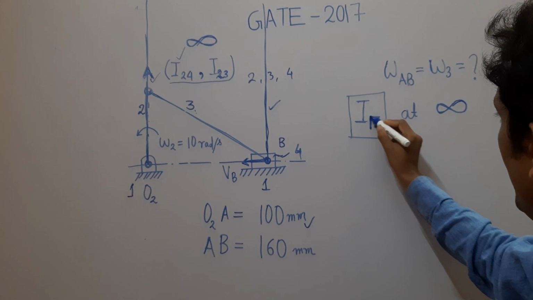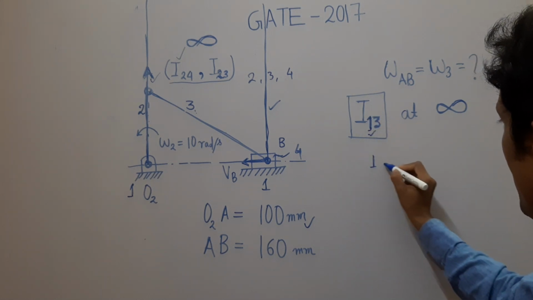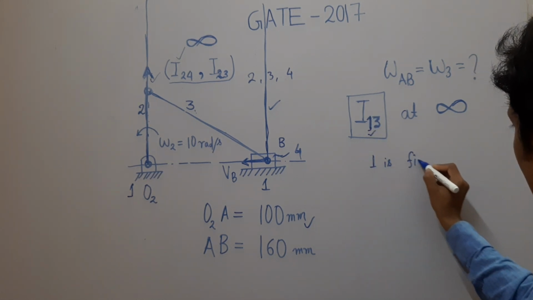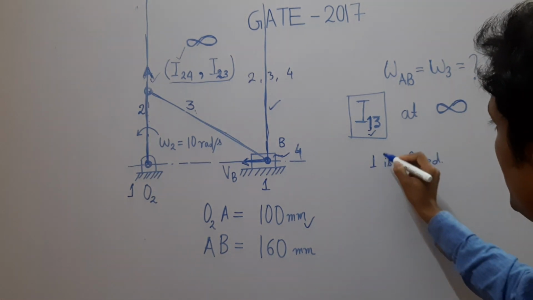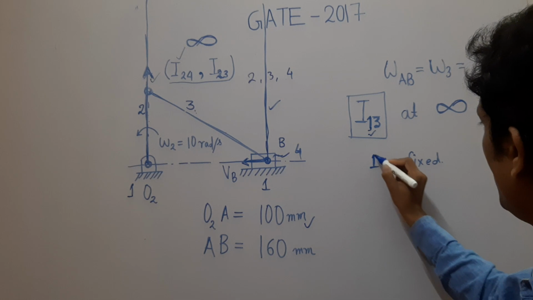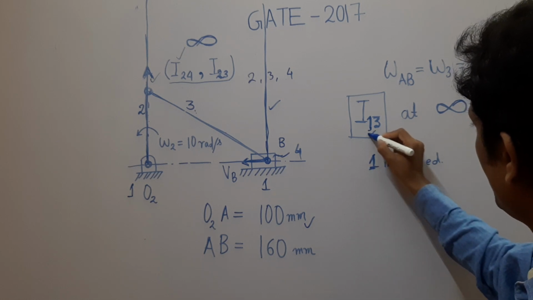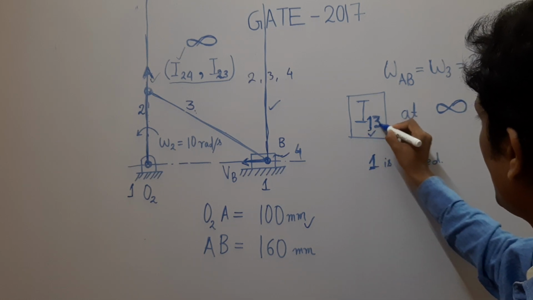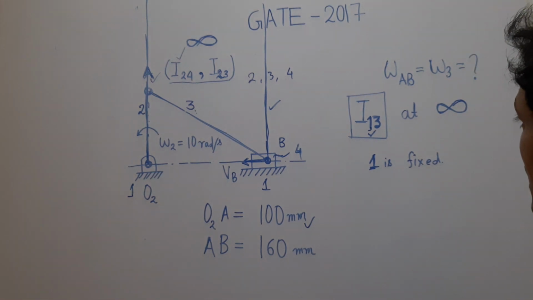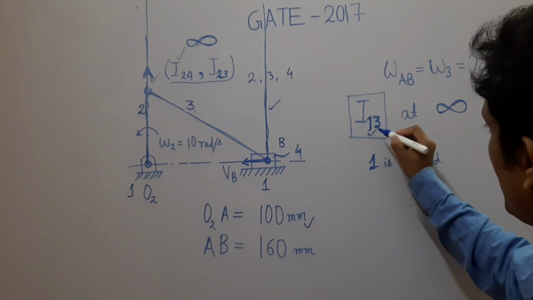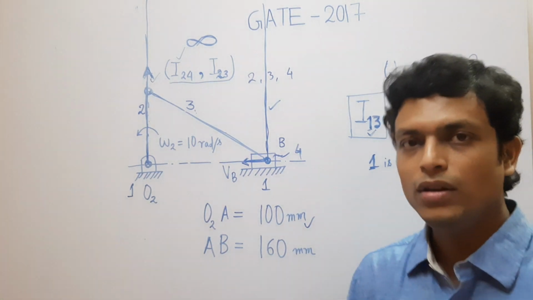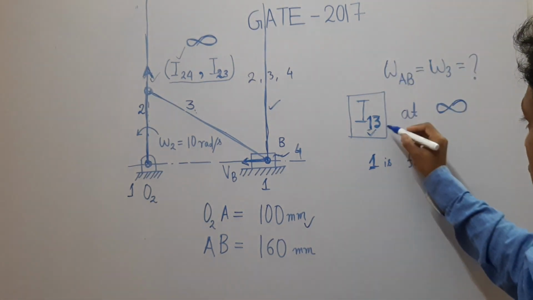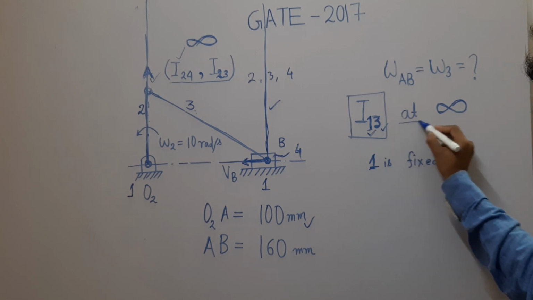And I13 means one is a fixed link. So I13 is nothing but the absolute instantaneous center of link 3, because the relative instantaneous center with respect to a fixed link is the absolute instantaneous center of 3, and it lies at infinity.